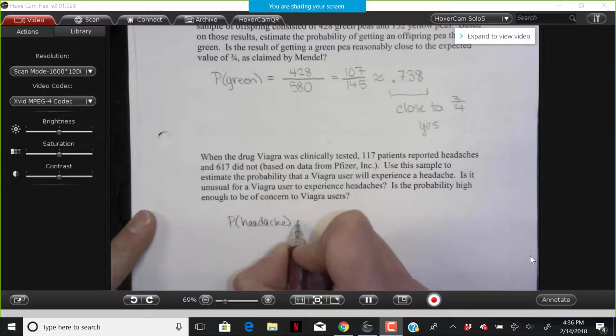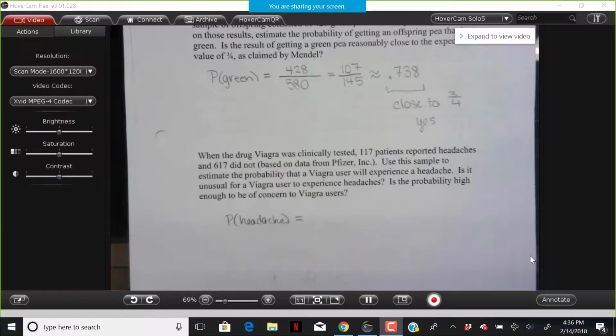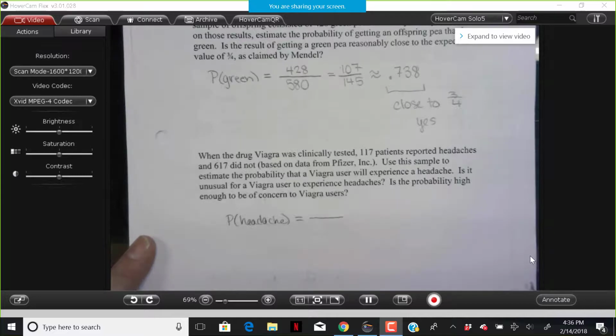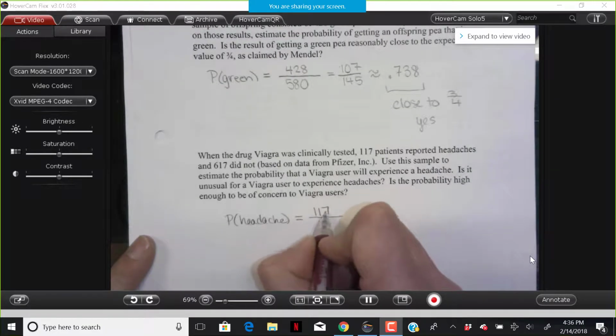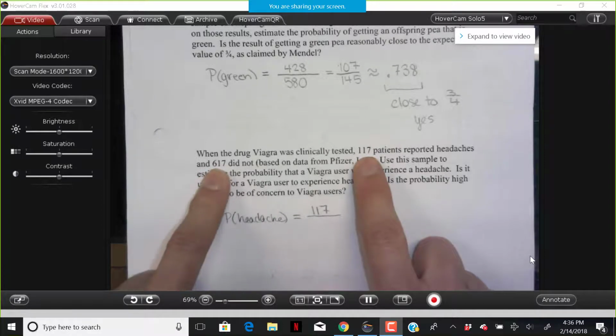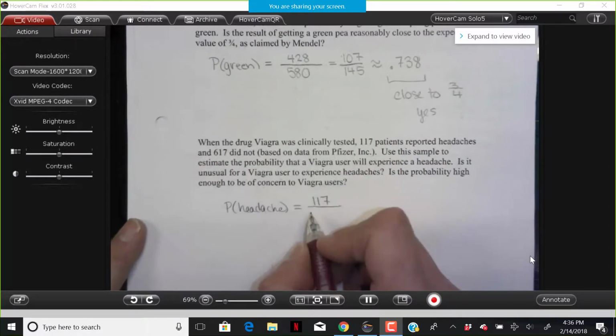So again, if we're using their data, this is estimated probability, so it would be the number of times they observed headache divided by the total number of times they did the experiment. So what would go in the numerator? 117. And how would we find out what goes in the denominator? 617 plus 117. Yep, add those together and you get 734.